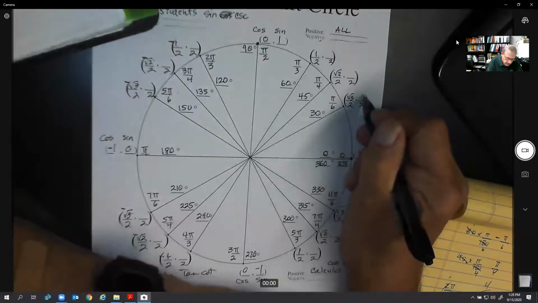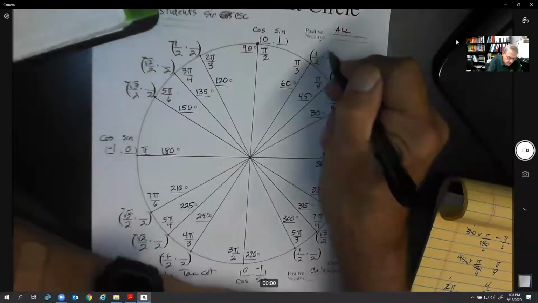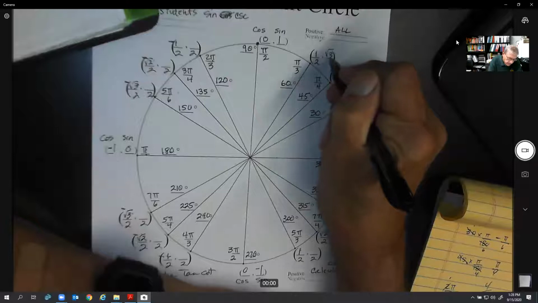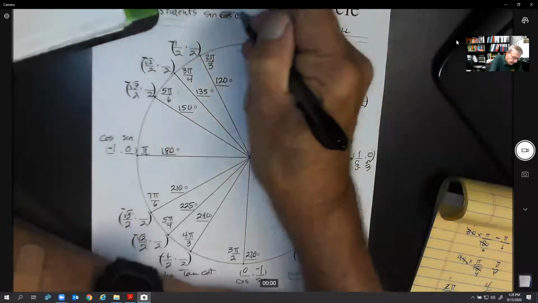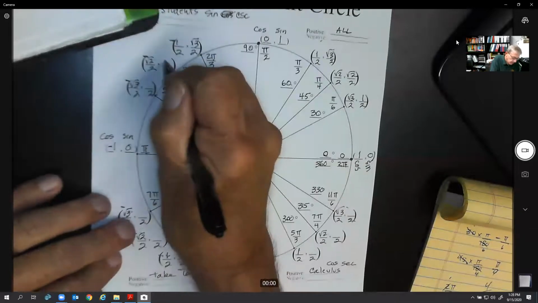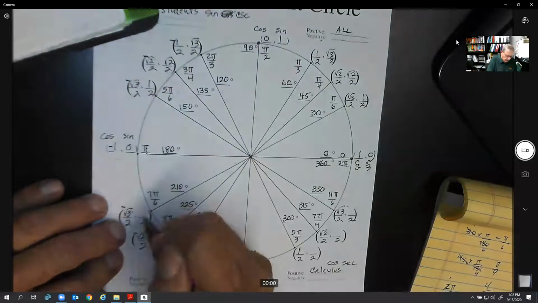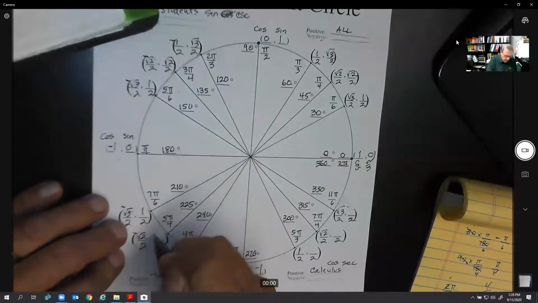So this is square root of 1, square root of 2, square root of 3. Going around, square root of 3, square root of 2, square root of 1, 1. Going around, 1, square root of 2, square root of 3.